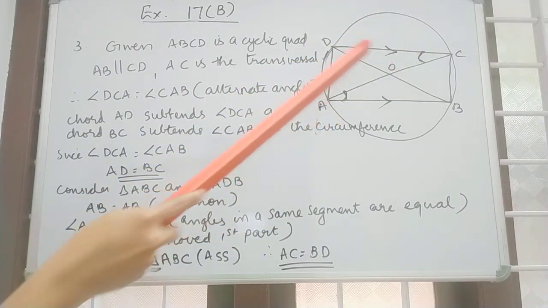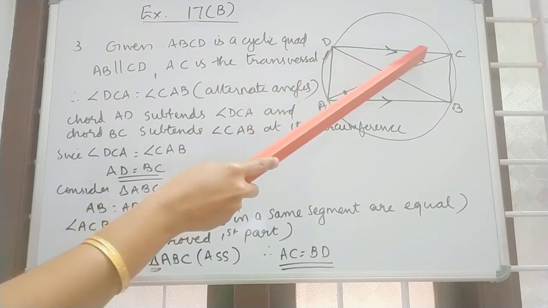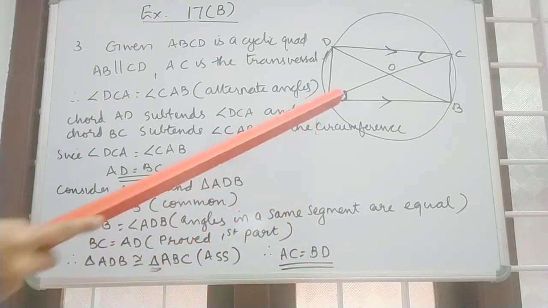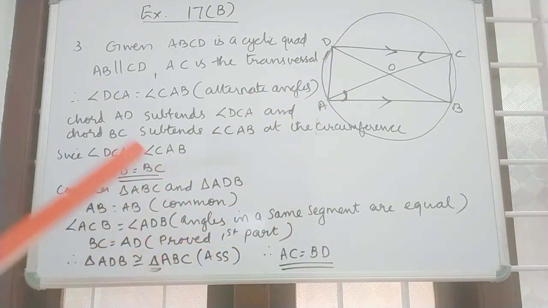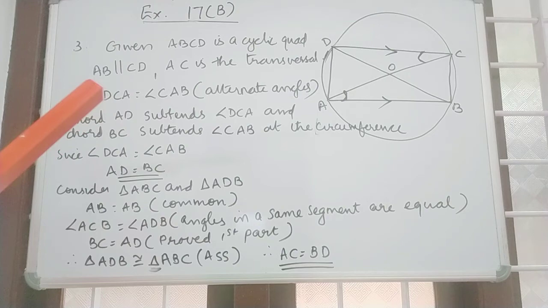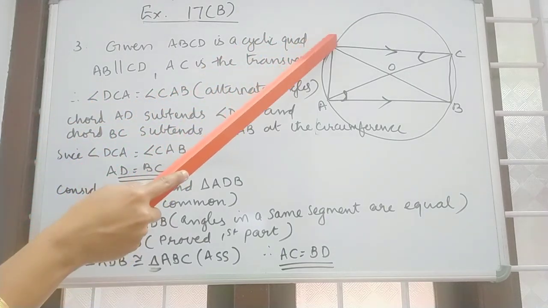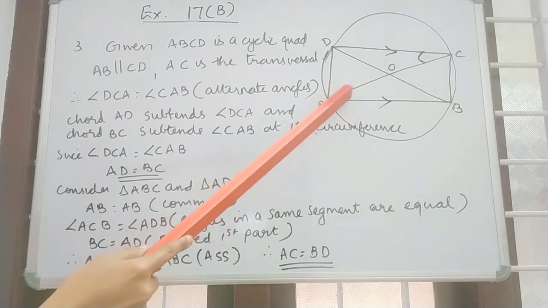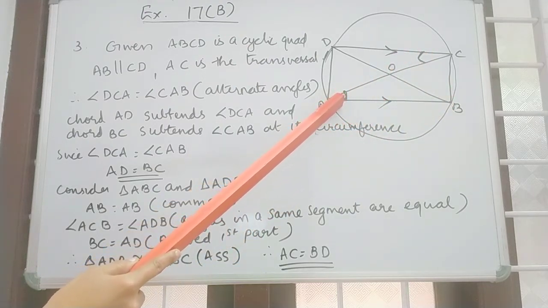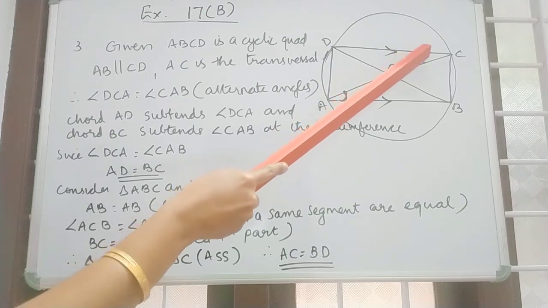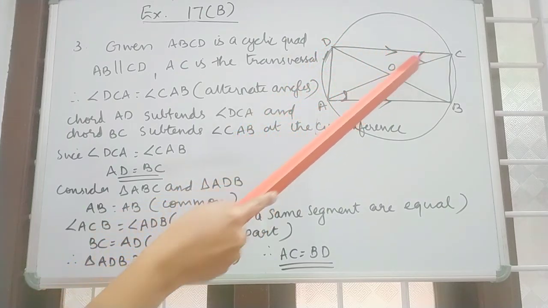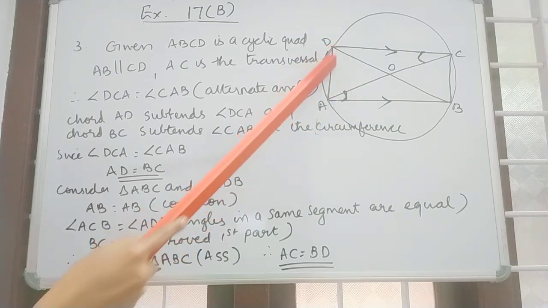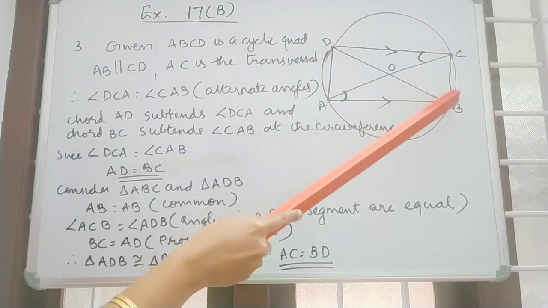So the AD chord is subtending this angle, and similarly BC is the other chord which subtends this angle. So which two chords will be equal? AD will be equal to BC.